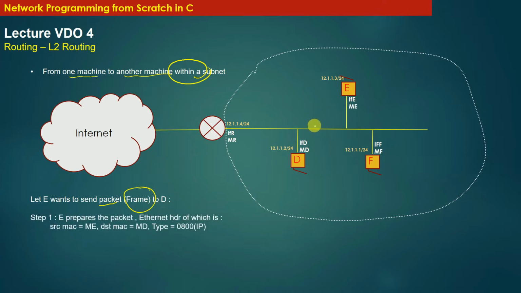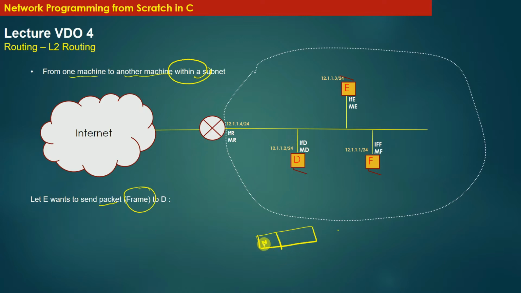So E prepares the packet, and how will it prepare the packet? It will prepare the Ethernet header. In this Ethernet header, the destination MAC is filled in because it wants to send a packet to the machine D, and the receiving interface of the machine D is IFD, which has a MAC address MD.